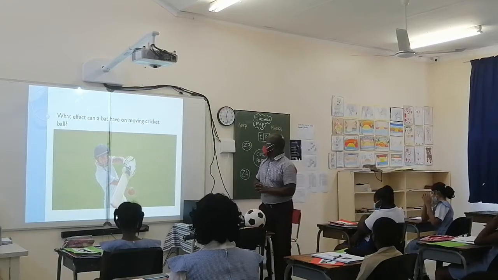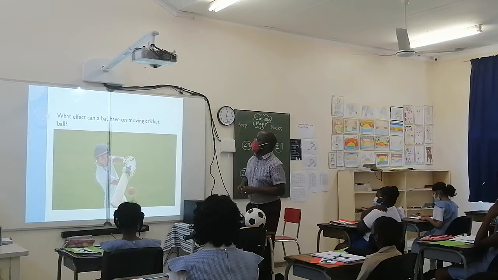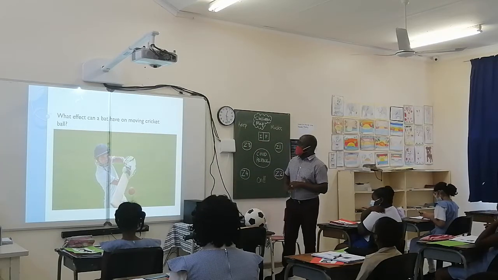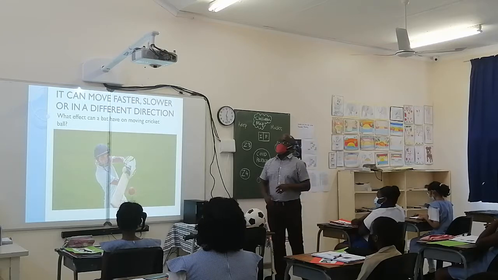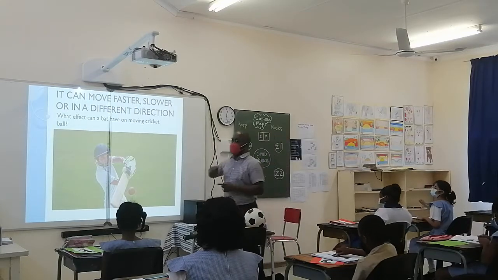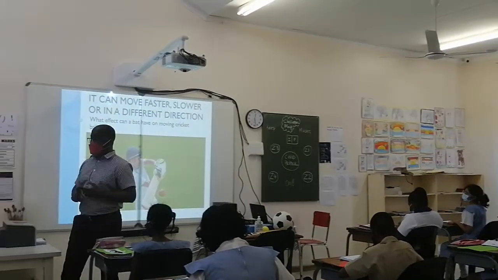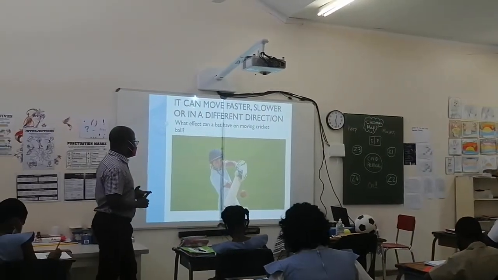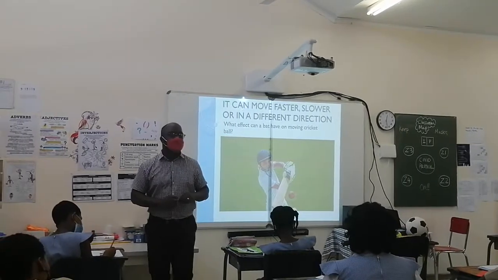Anything that you have done to help us understand this concept. Okay, let's go. First thing there, it can move faster. That's the first one. What's the second thing that can happen? It can move slower.